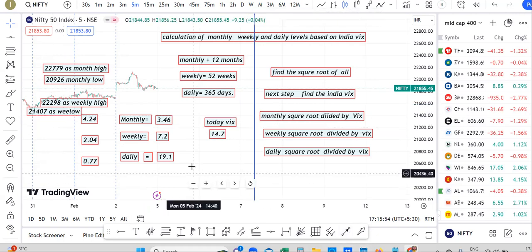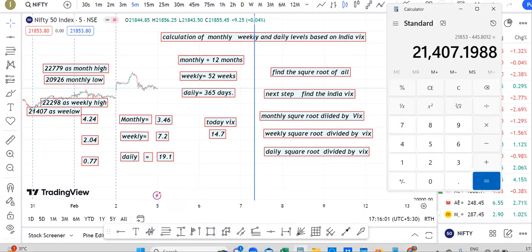Now I'm going to find the daily levels. Same way, I've got the India VIX as 14.7 divided by 19.1, is equal to 0.7696.